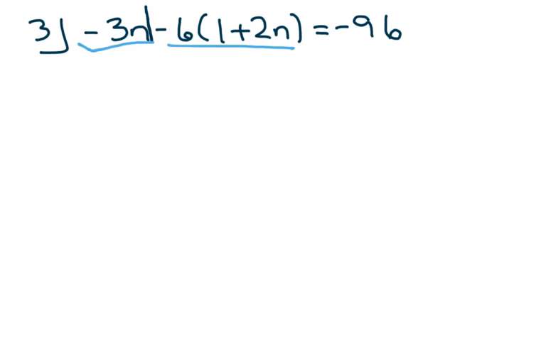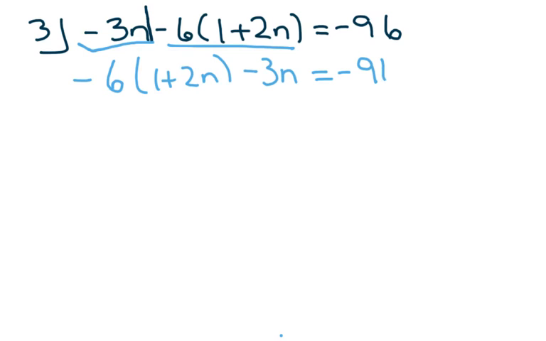So I'm going to copy it down in front here. So we get 1 plus 2n, and then minus 3n. Remember, minus and negative both mean take away, so they can be used interchangeably.